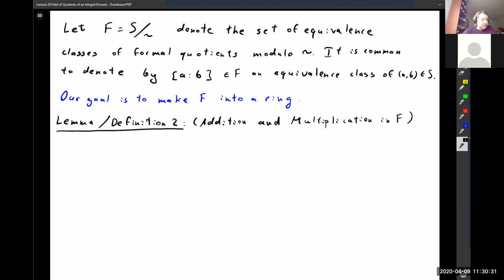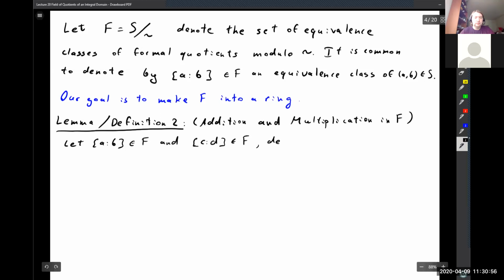Okay, so let's look at the two equivalence classes of quotients. A, B belong to F and C, D belong to F. So let's define first of all the product of the two.